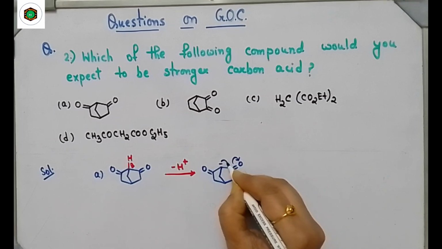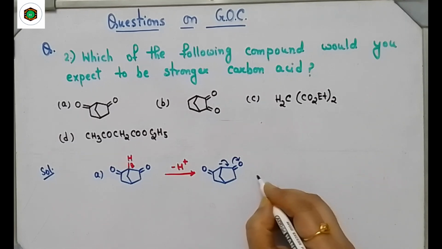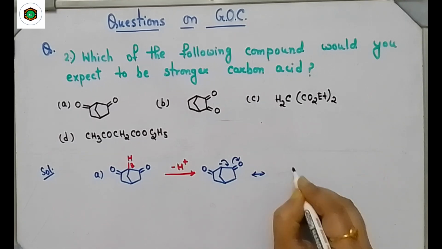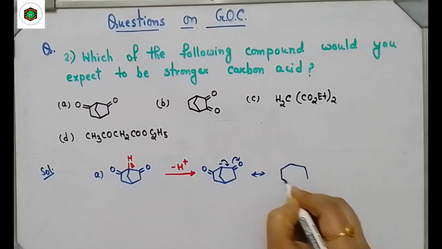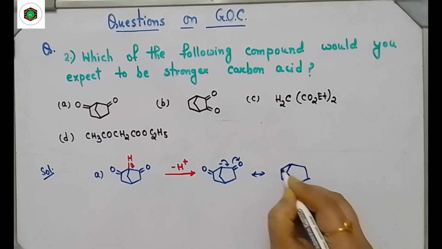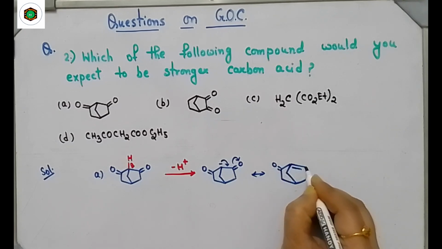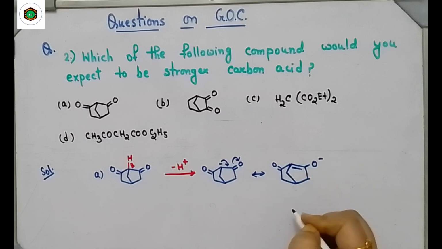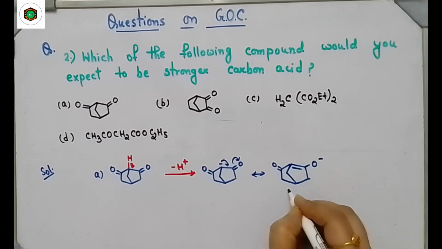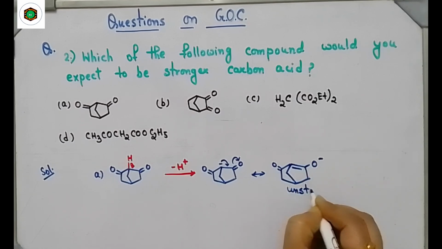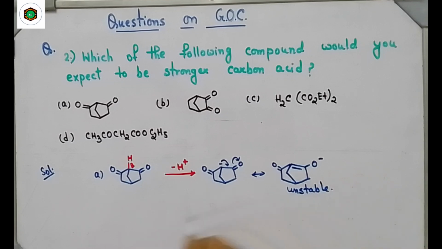So if resonance takes place, what will you get here? Double bond at the bridgehead position. It's very unstable. Double bond at the bridgehead position is very unstable. So this type of resonance is not possible.